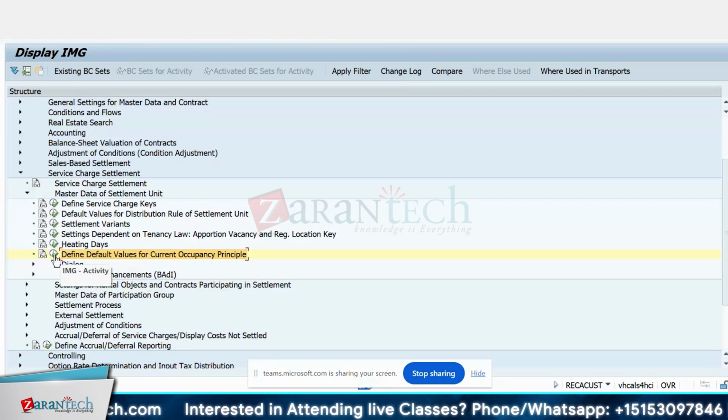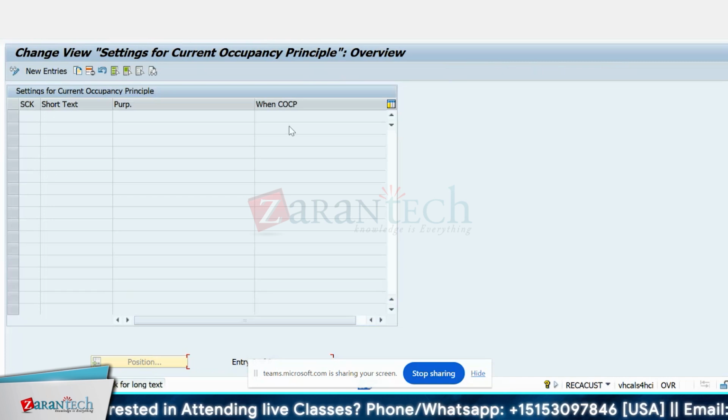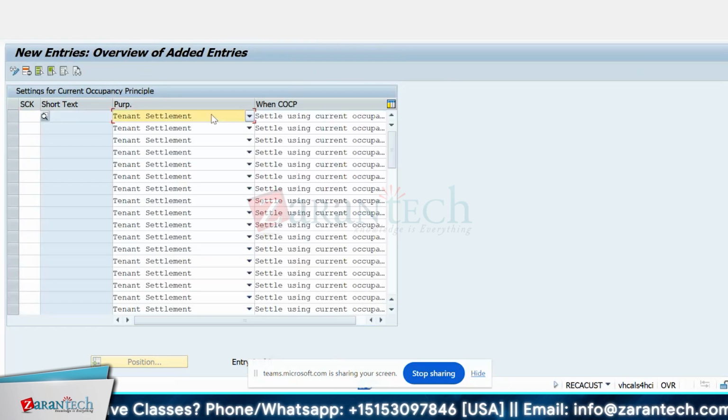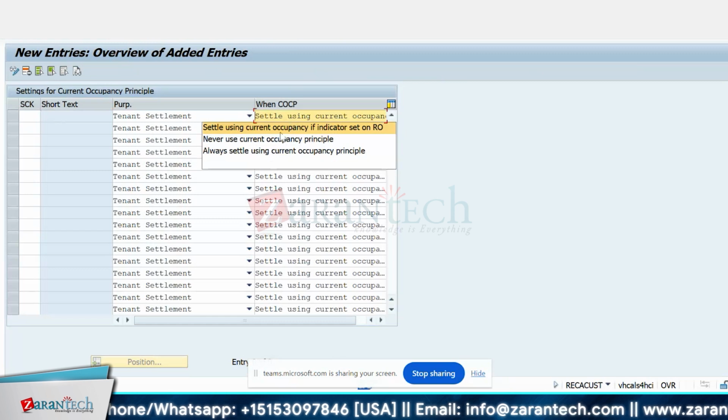Over here, if you see, service charge key is there, purpose, and what was occupied or the purpose when it was there. If I click new: tenant settlement, owner settlement, then comes your settlement using current occupancy. If the indicator is set on, never use current occupancy principle. Always settle using current occupancy principle.